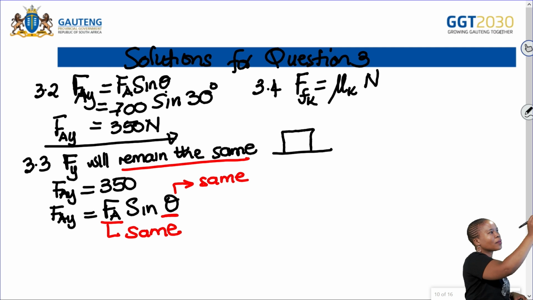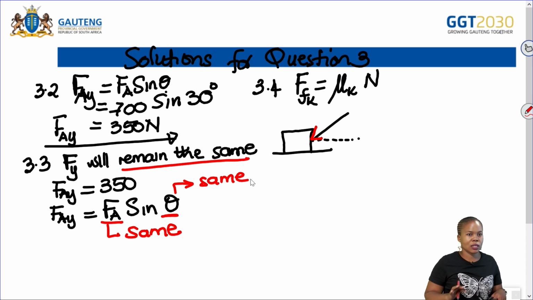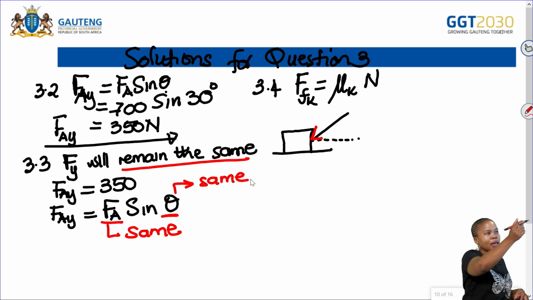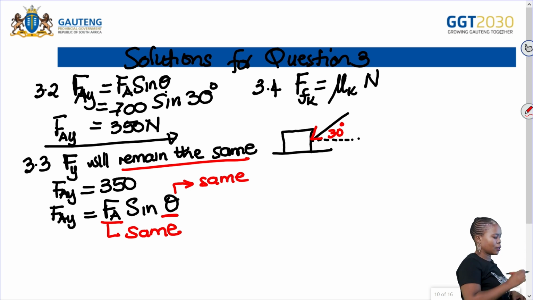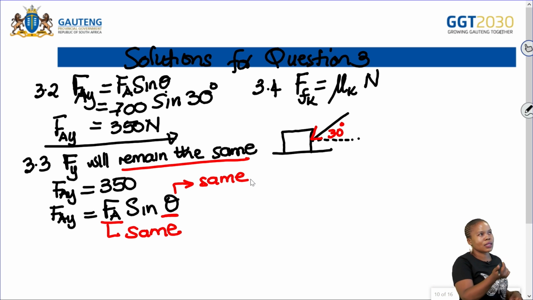I want to draw a diagram. We said we're starting with pushing, which means the arrow is over here, because Charles is pushing this lawnmower at an angle of 30 degrees. So what is our normal force in this case?